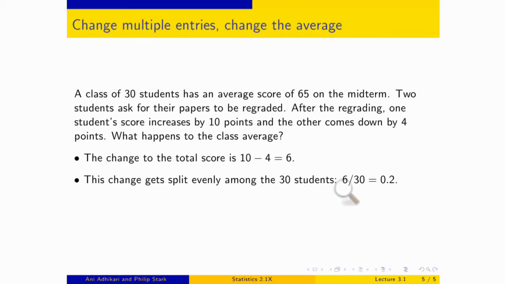And so the change to the average is 6 divided by 30, and that's 0.2. That's a fifth. And so what is the average in the end? It's your old average, which was 65, to which you add 0.2, and your new average is 65.2. No algebra, just an understanding of this smoothing operation that is the average.